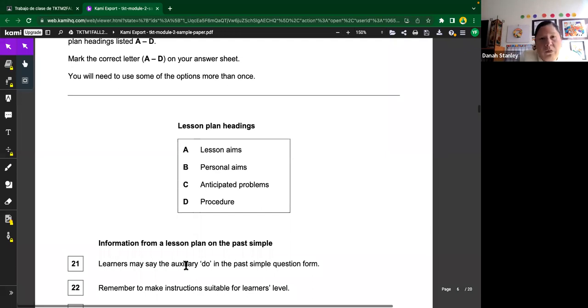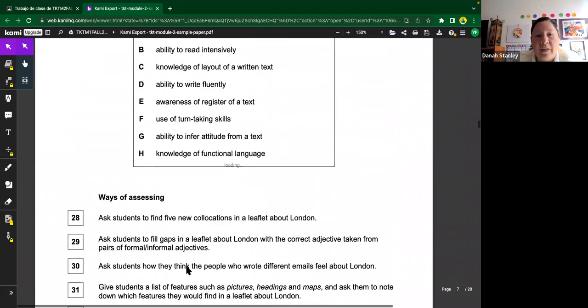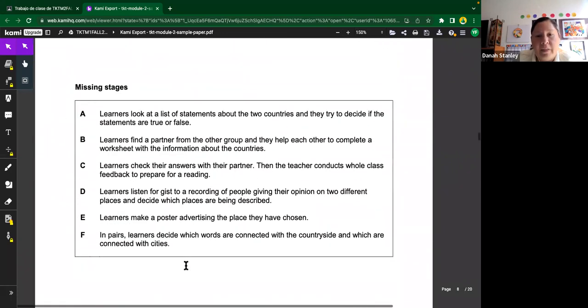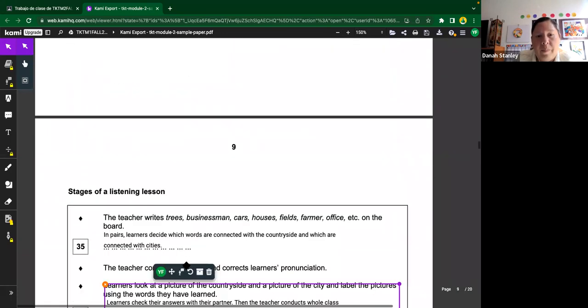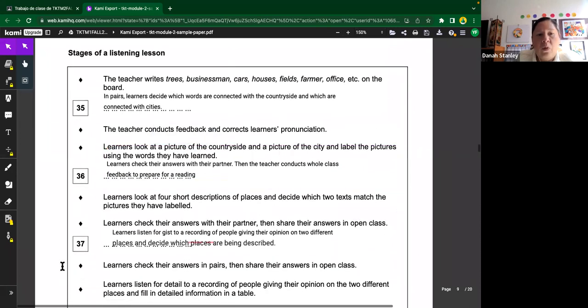Entonces, focus first on the ones that are easy for you, and then go back to the ones that are more difficult, the ones that have more text, like in this case, okay? So you can deal with the time correctly, and you will have plenty of time to concentrate.